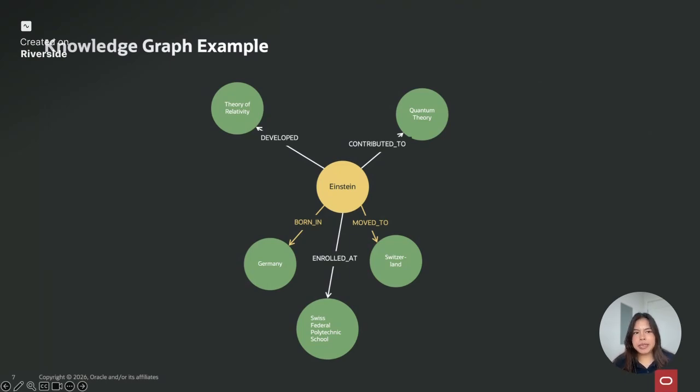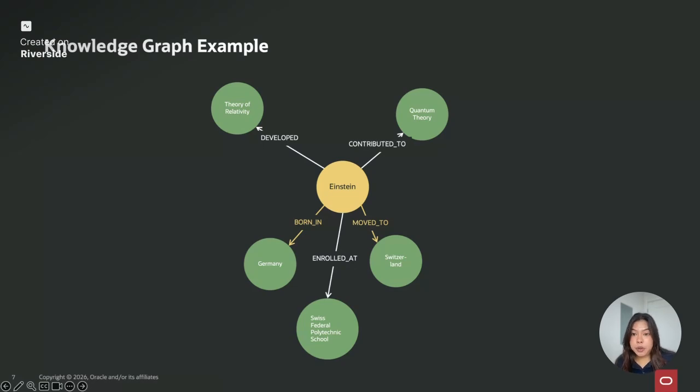Here I have an example of a knowledge graph. This graph shows the story of Einstein. I really like this graph because everyone knows who Einstein is, so we don't have to focus on the domain, but we can focus on the structure. In the center, we have Einstein.